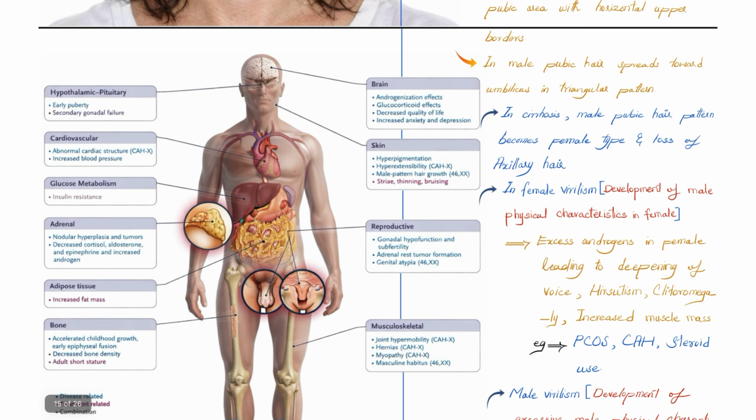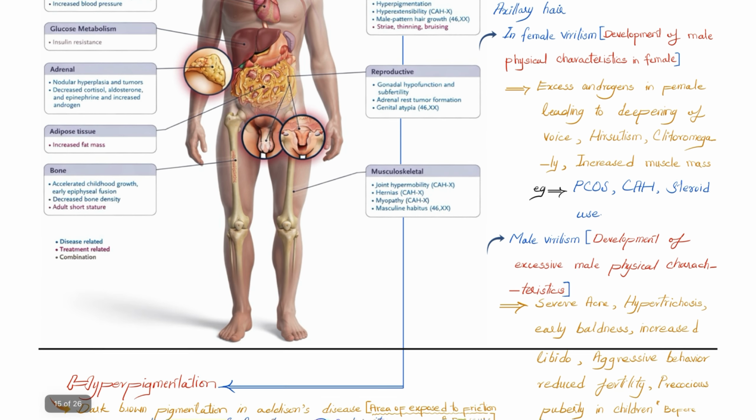It can occur because of excess androgens like testosterone in females, leading to deepening of voice, hirsutism like growth of beard and mustache, clitoromegaly means the clitoris enlarges, and increased muscle mass. And it occurs in polycystic ovarian syndrome, congenital adrenal hyperplasia, and steroid use in female athletes.